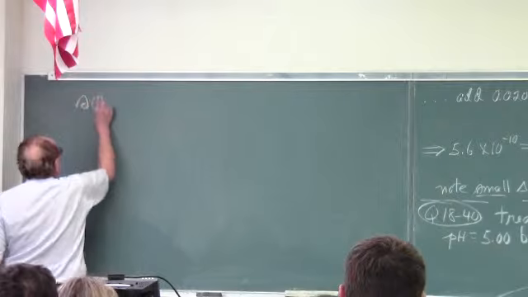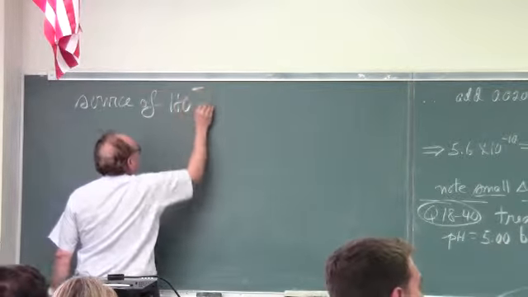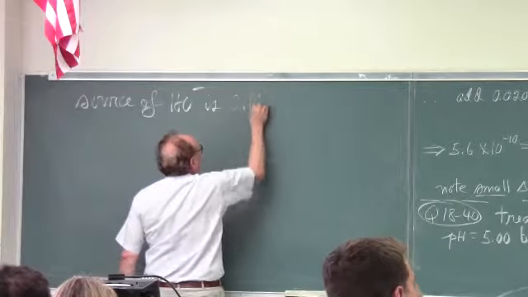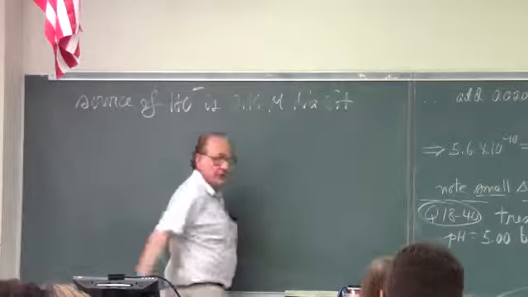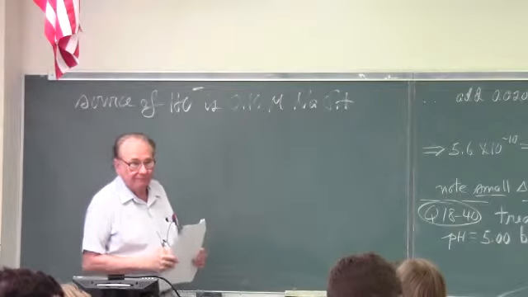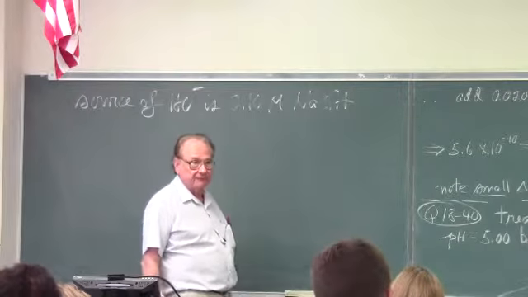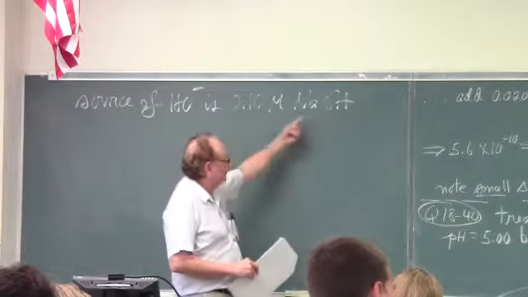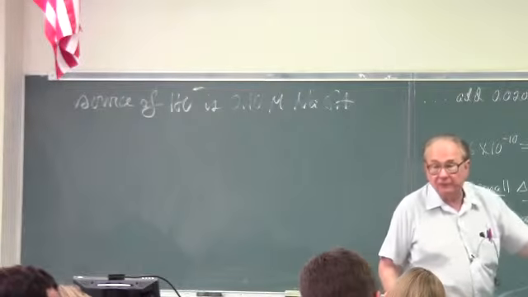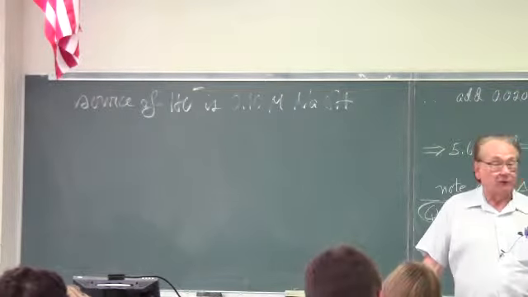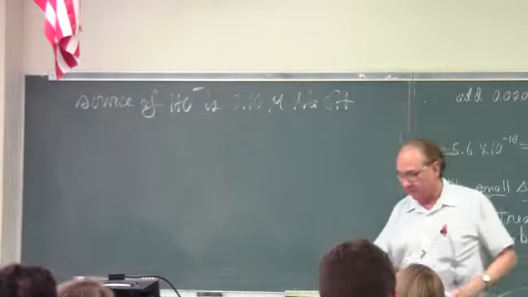All right, source of HO minus: 0.10 molar sodium hydroxide solution. Okay? Remember, when you see this label here, you're talking about a solution. And this label in its entirety tells you what the stock folks did to make the solution, or what you did if you made the solution, or what I did if I made the solution.